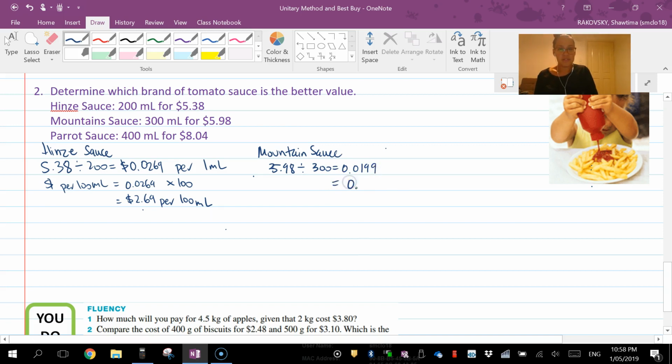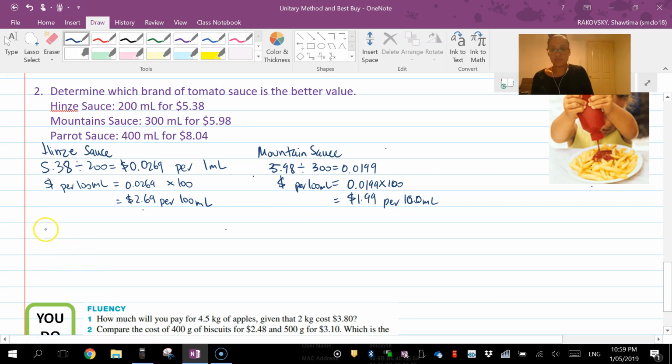You multiply 0.0199 by 100, which gives us $1.99 per 100. Sorry, my pen is being a bit silly. So this is our cost per 100 milliliters, which gives us that.